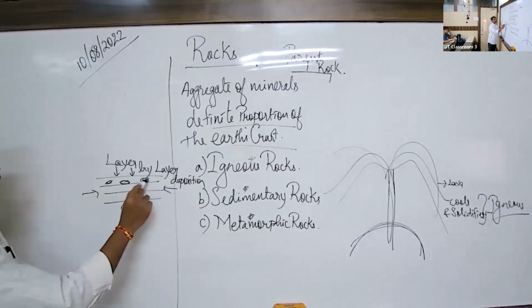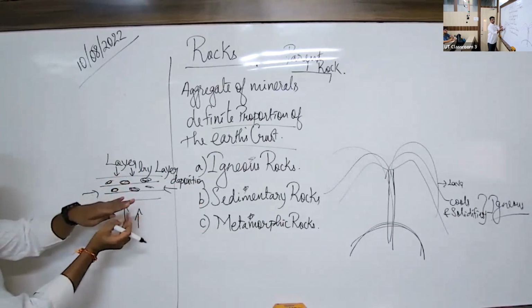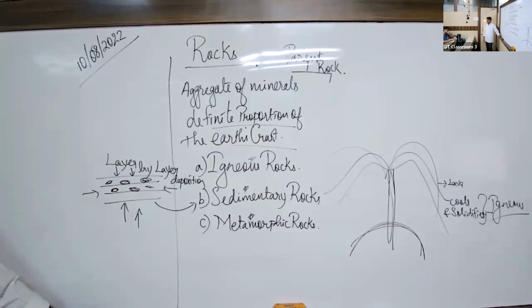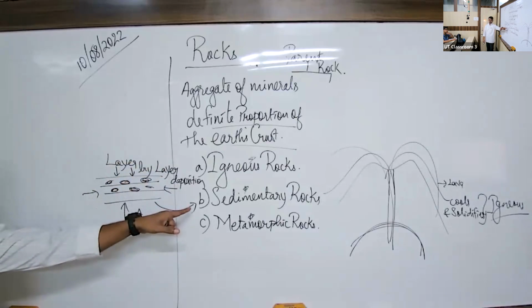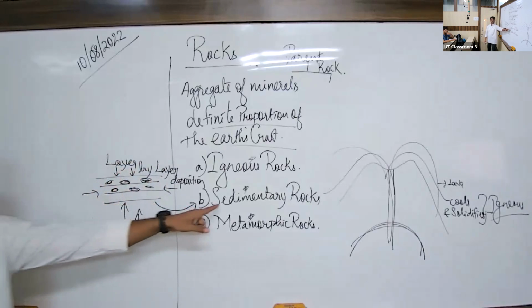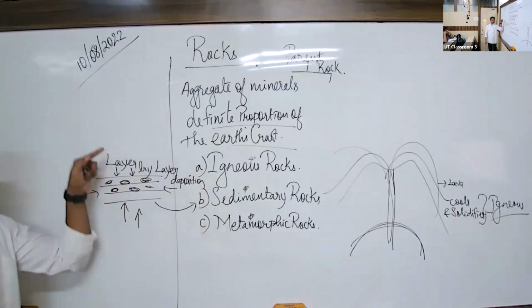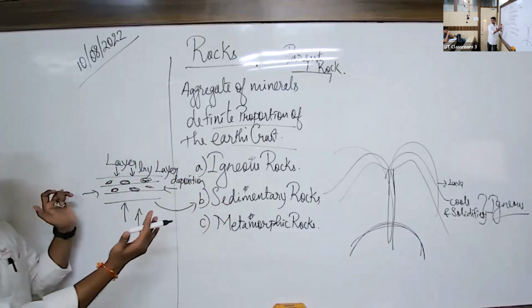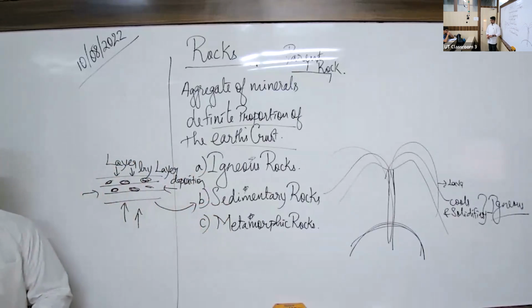Whatever minerals or fossils are found within, they get compacted, and this is nothing but a sedimentary rock. So how do I define sedimentary rock? Layer by layer deposition of various sediments, then horizontal compressional and tensional forces, they become a sedimentary rock.